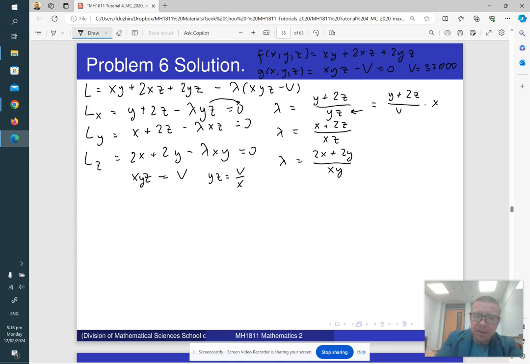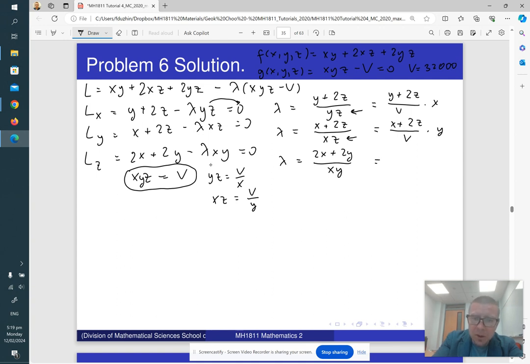Well, but at the same time, in the second equation, I have xz, and xz is v divided by y, right? Again, from the third equation. So here, xz equals v divided by y. So this is, therefore, (x plus 2z) divided by v times y.